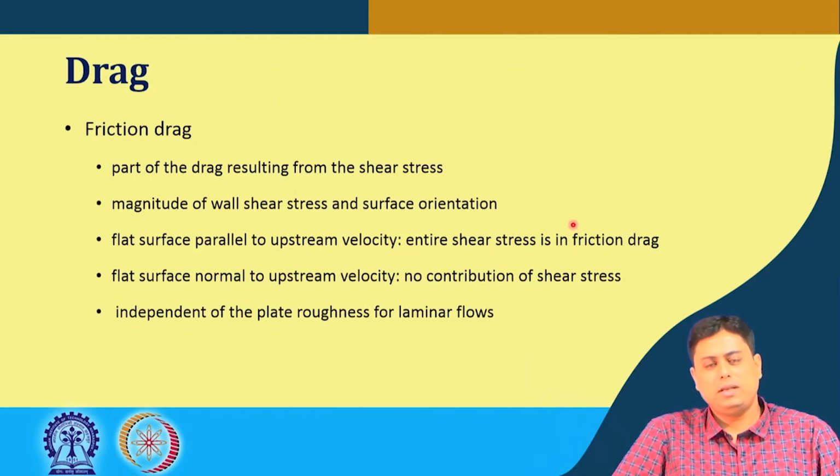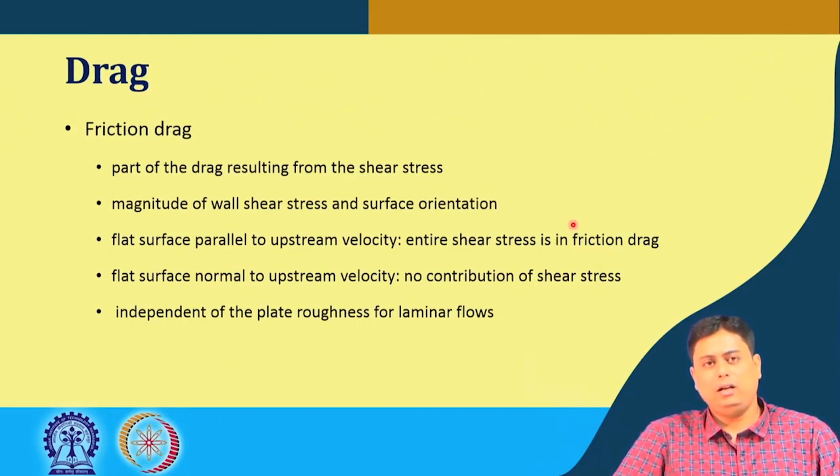It is basically in the direction of the upstream velocity, or along the direction of the surface. So, for a flat surface parallel to the upstream velocity, the entire shear stress is basically the friction drag. There is no pressure drag.